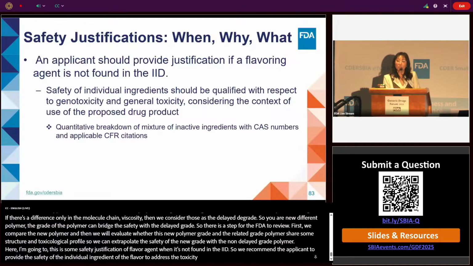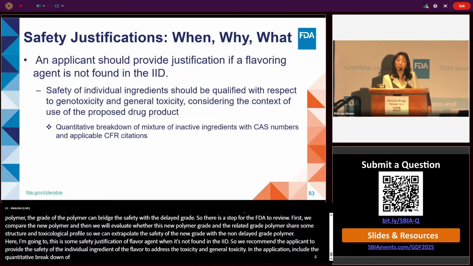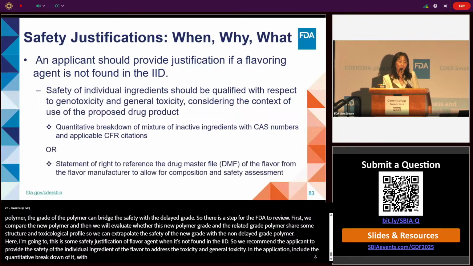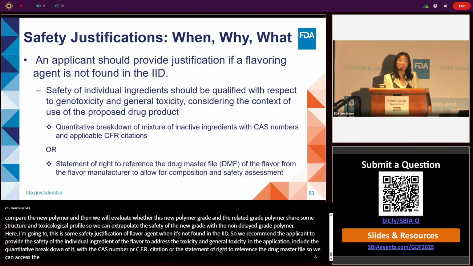In the application, include a quantitative breakdown of the ingredients with the CAS number and CFR citation, or a statement of right to reference the DMF of the flavor, so that we can access the composition of the flavor for our safety assessment.